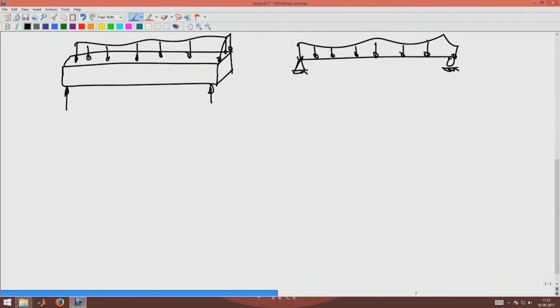Across this dimension the load is uniformly distributed, but the load can vary across the length of the member. Along the axis of the member the load can vary, but it is uniform across the width of the cross section. So, this loading is given as load per unit length. This load, denoted by Q of y, is given as load per unit length.